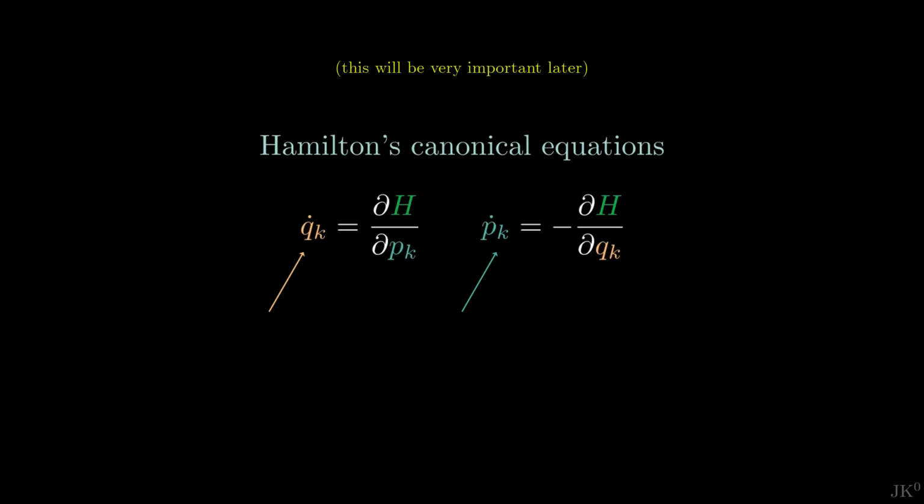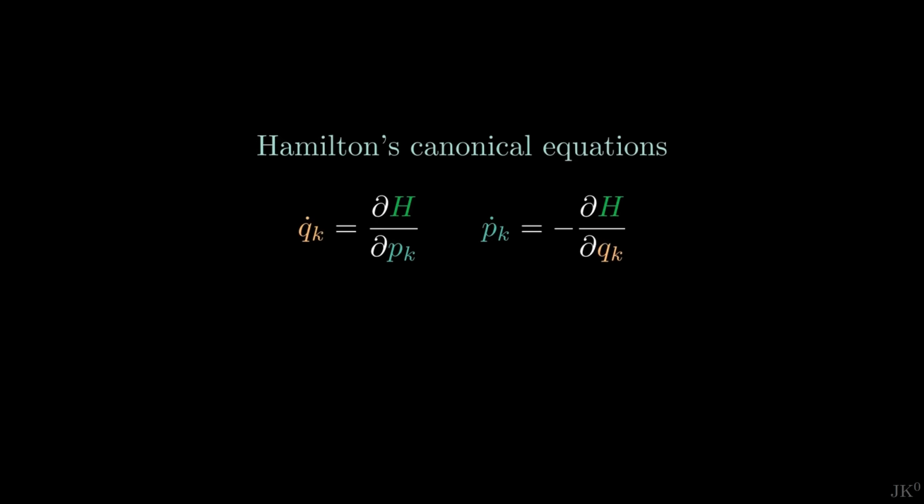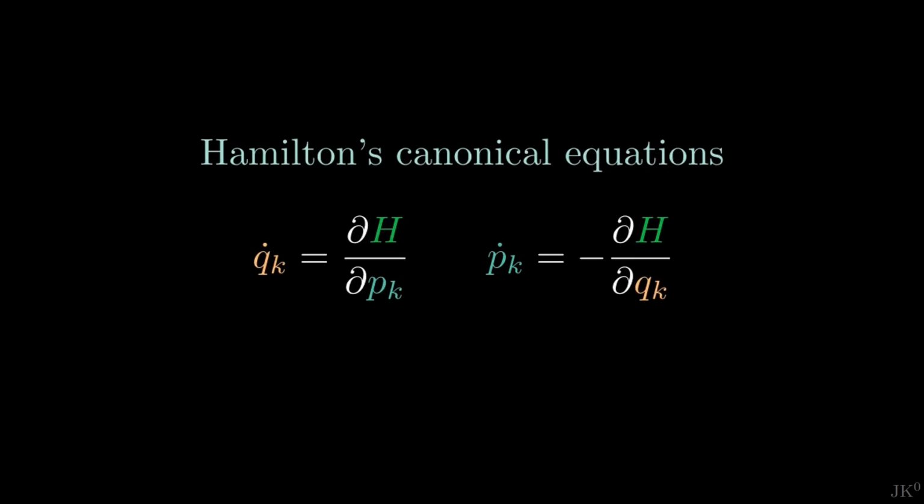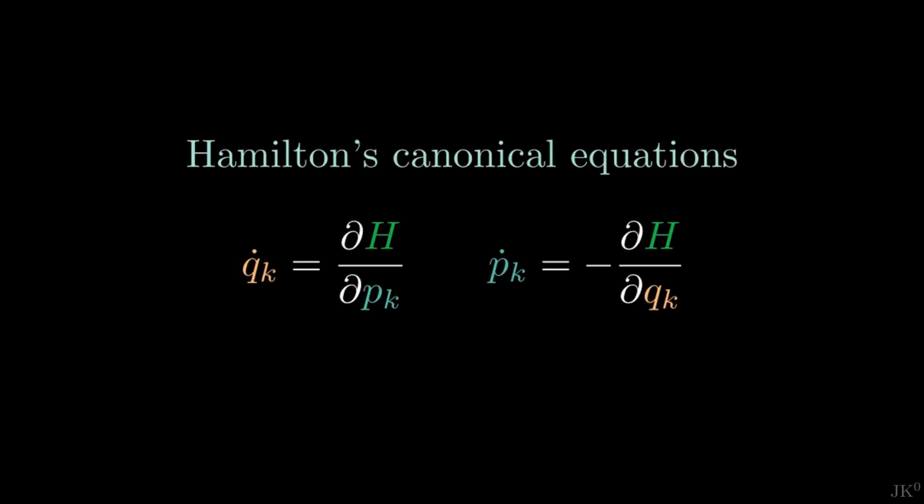First, the time evolution of one variable is the derivative of the Hamiltonian with respect to the other variable. And second, this minus sign. These two equations look quite symmetric, except for the annoying minus sign. But as I will show you in this video, these two features lead to a very important theorem.